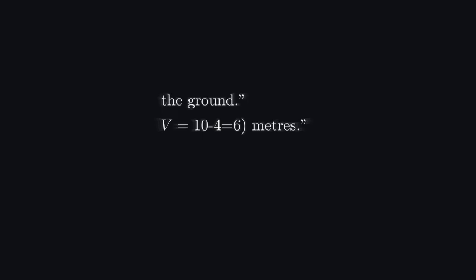PV equals 10 minus 4, which is 6 meters. TW equals 8 minus 4, which is 4 meters.